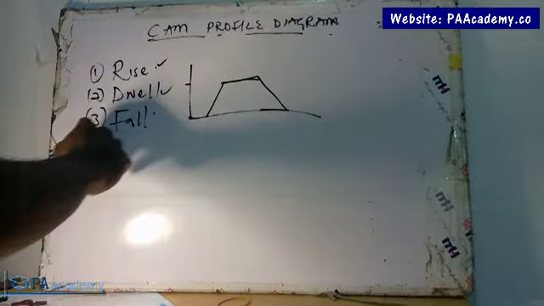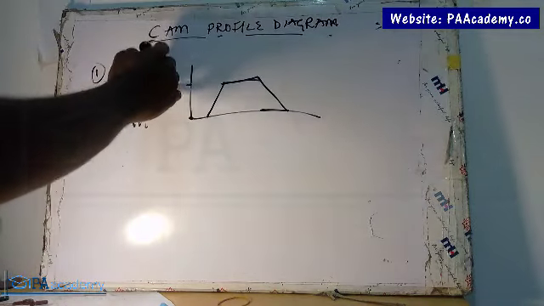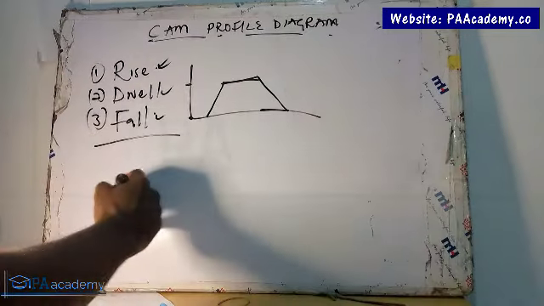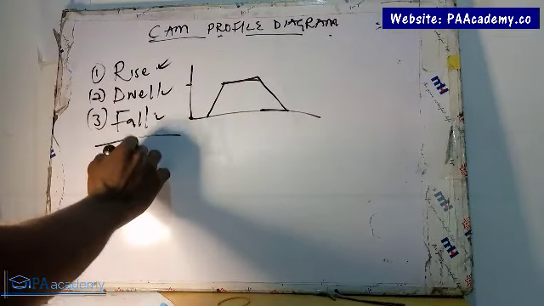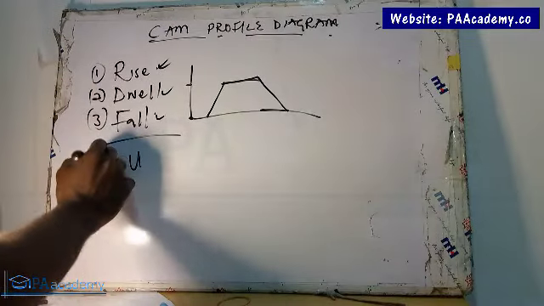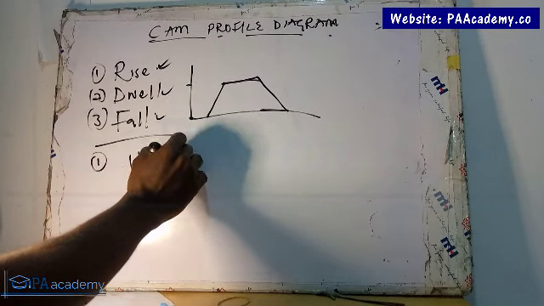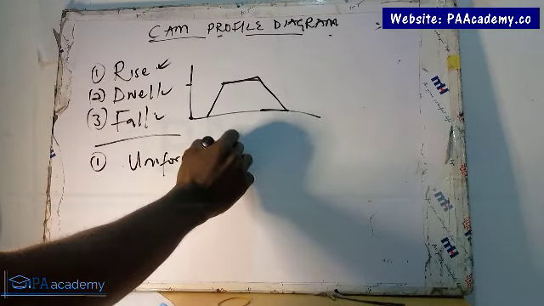Now under these three things, when it is rising or falling, there are another two things you have to pay attention to. How does it rise and how does it fall? Now, does it rise with uniform velocity? Does it rise or fall with, number one, I hope you're seeing this, uniform velocity?